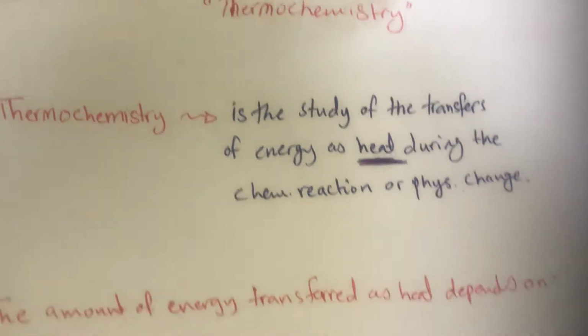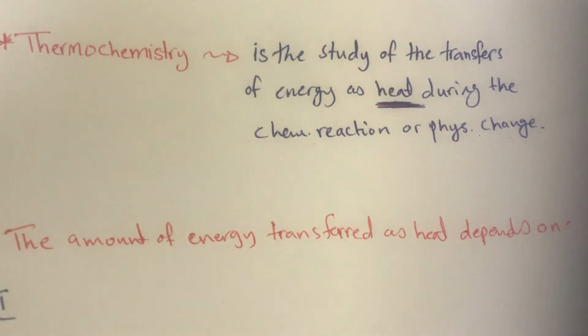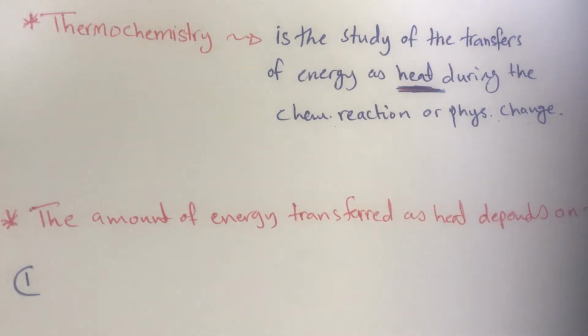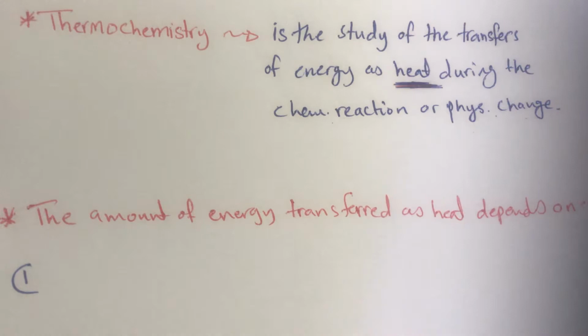So the amount of energy transferred as heat depends on... if you have 1 drop of water in your hand or 1 drop of acetone or alcohol in your hand, which of these will dry faster? Today we are using hygiene.